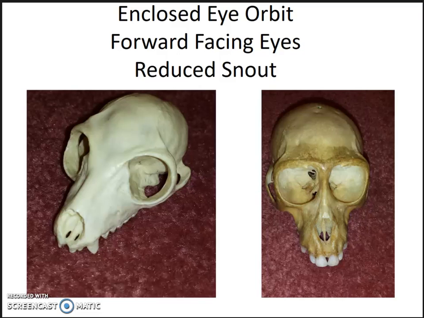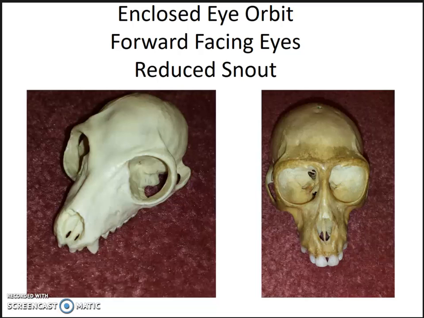Also, the eye orbits are coming forward, so they're moving from the outside, where they'd be looking to the right and the left at the same time, to the front. And as they do that, the eye orbit has to enclose. We have to have this bony enclosure. And that can either take the form of this ring, which we call a postorbital bar, or this full socket that we see in the higher primates. So those are the things that we look at to help us determine if something's a primate or not.